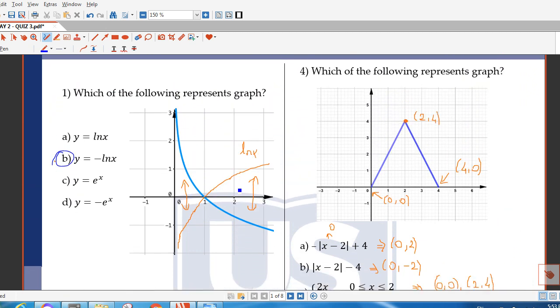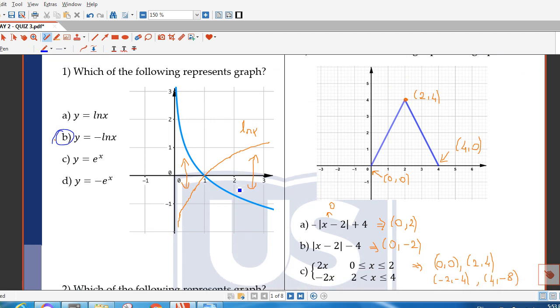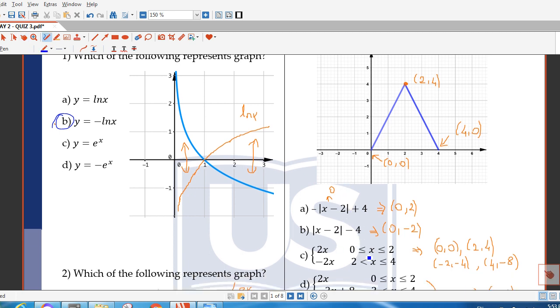Question 4, there is a graph and we are going to find the true function. We can think it should be an absolute value function, but there are also two more functions which are written in piecewise. So it is better to be sure. The 3 points that I'm sure of on the graph are 0, 0, 2, 4 and 4, 0.